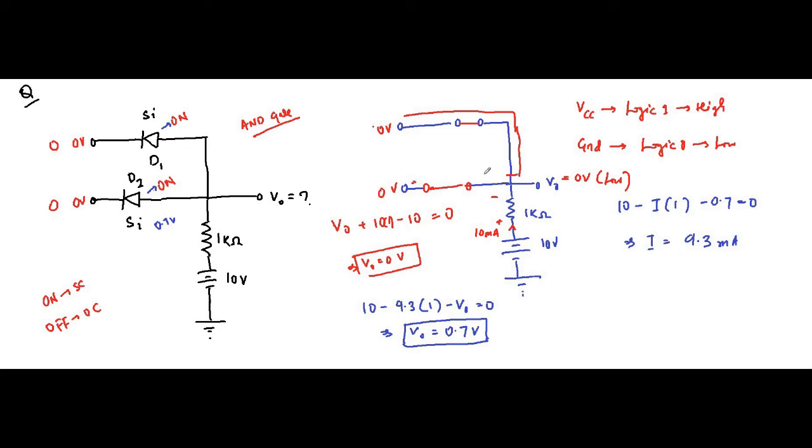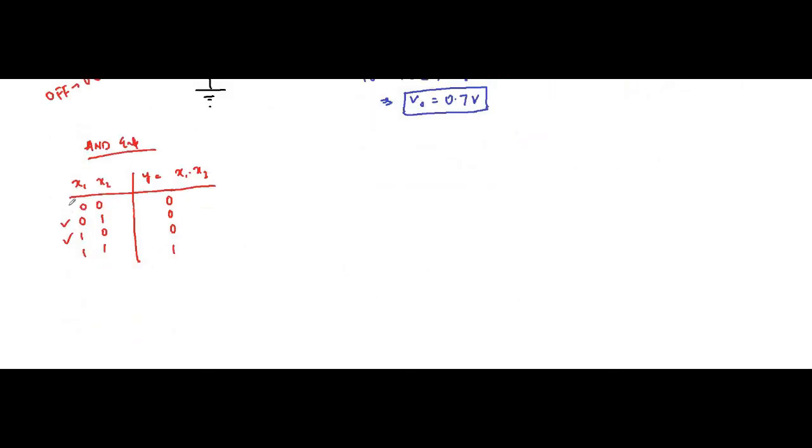So here also there is a short circuited path that can be connected to 0 volt, and this point also there is a path by which it can be directly connected to 0 volt. So the output again will be 0 volt. So this condition 0 0, that also gives us logic 0.